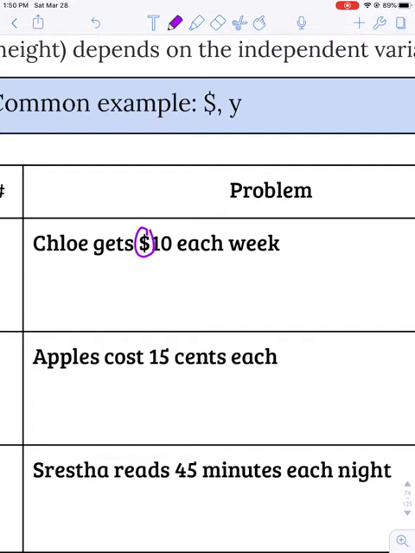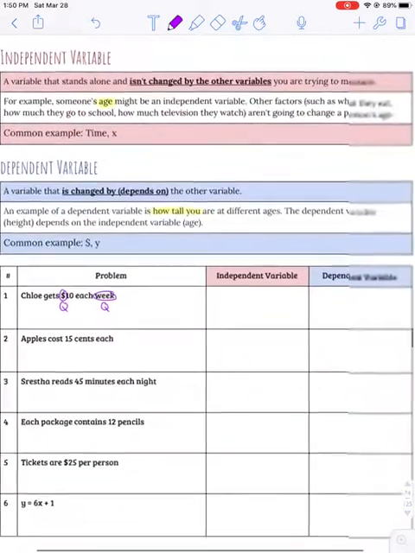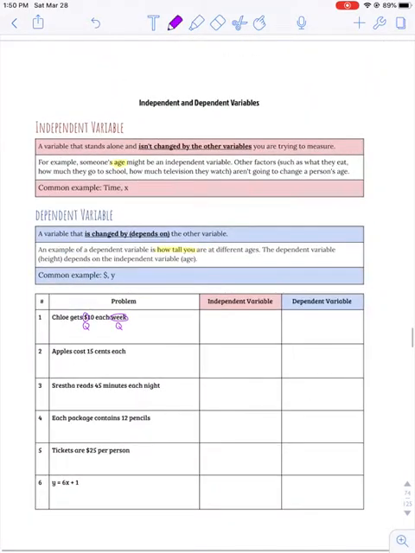So I see money is one quantity, weeks is another quantity. These are both quantities, and I don't care about the relationships right now. I just care about the quantities. One of these is going to go in the independent variable category. One of these is going to go in the dependent variable category.